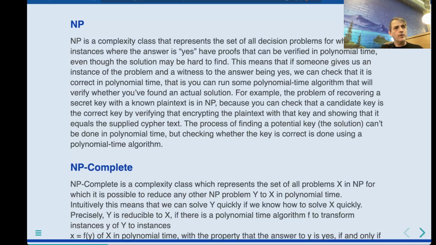It'll take you a long time. But if I give you the solution, if I give you the key and say to you, is that the correct key? Well, you can check that very quickly. You can just decrypt it, and if it comes out something sensible, there you go. That's going to be the key. So here we have an example of an NP problem, where to get the solution is hard. It's going to take a long time, but to check the solution is going to be very quick.